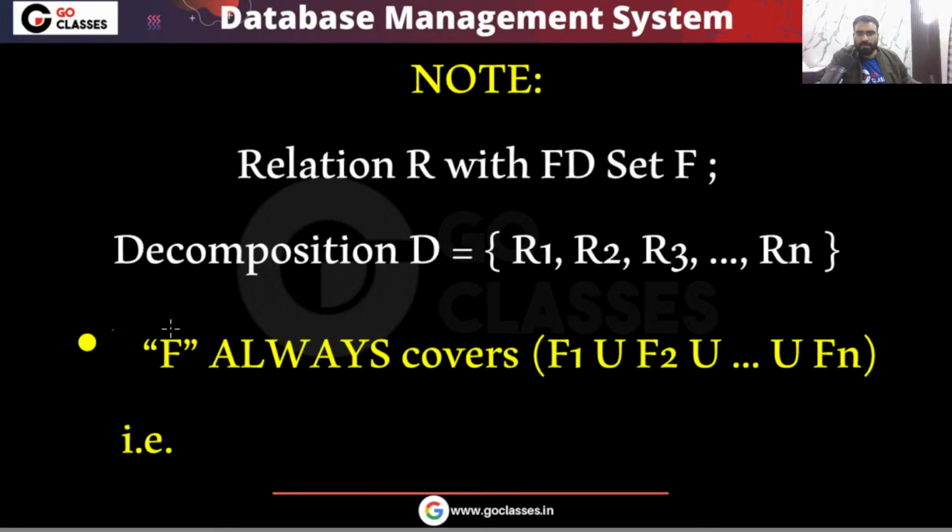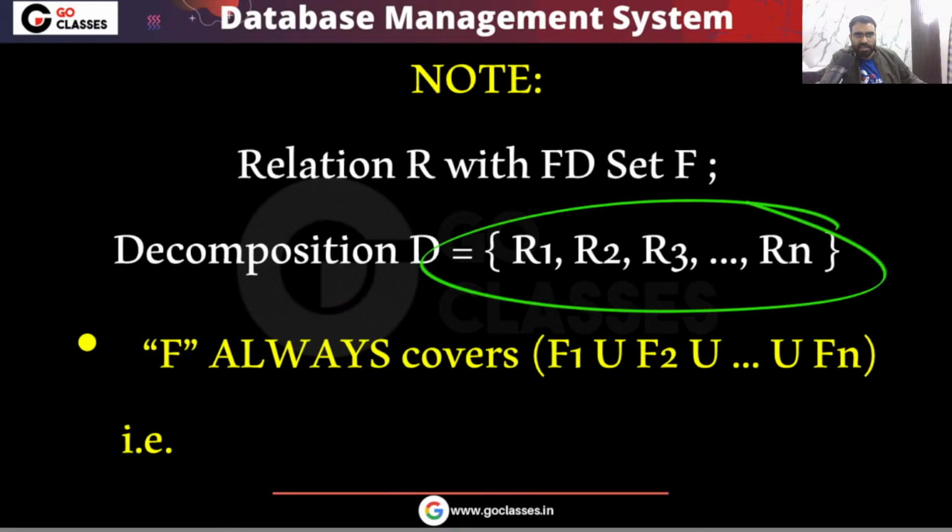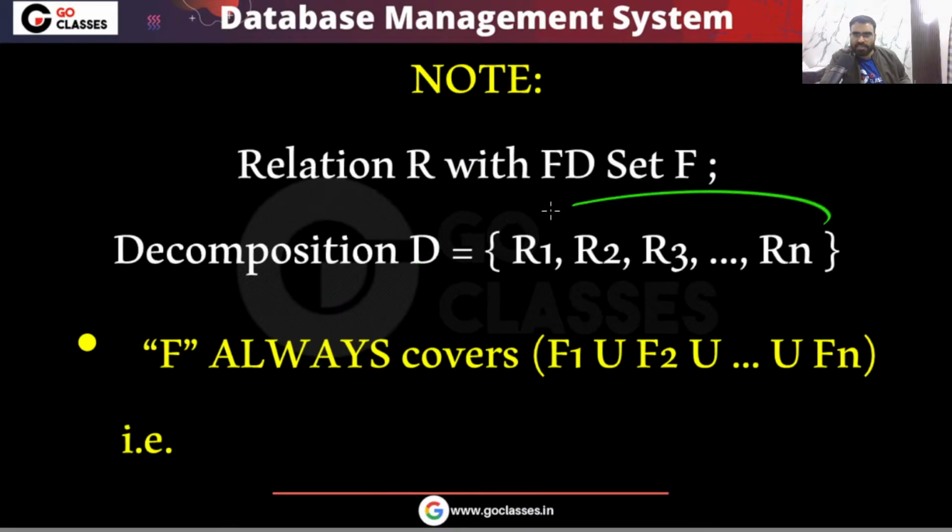So let's see this. This is the conclusion. Relation R with FD set F, we have a decomposition. We are decomposing this relation R into sub-relations R1 to Rn. Now, we already know that this F will always cover F1 union F2 union Fn. Okay, this will always happen. We have already seen that F will always cover the functional dependencies of the original relation.